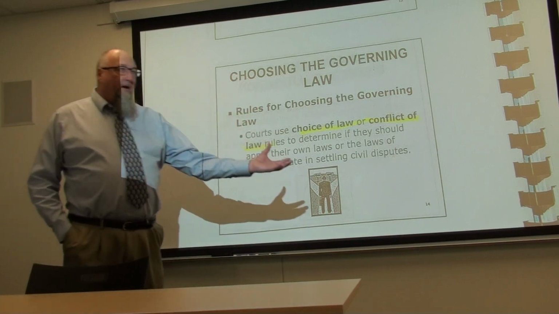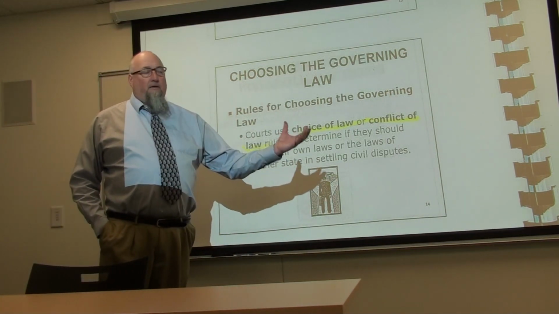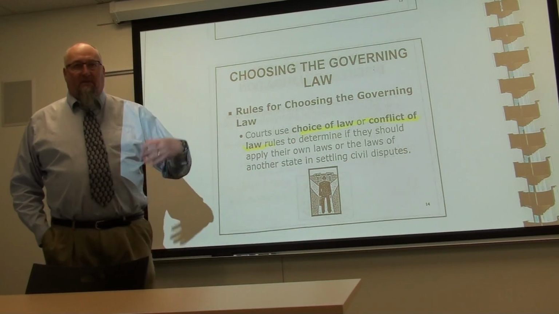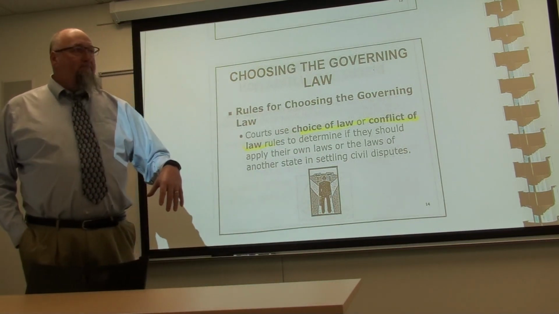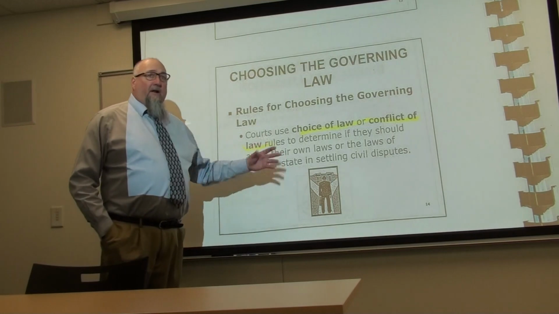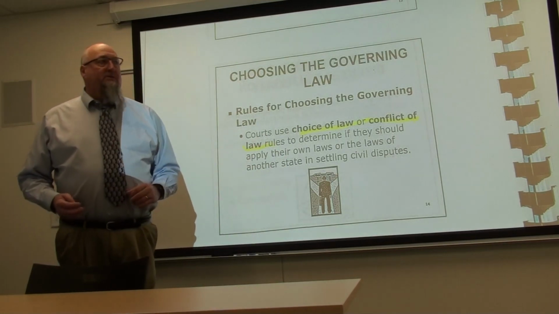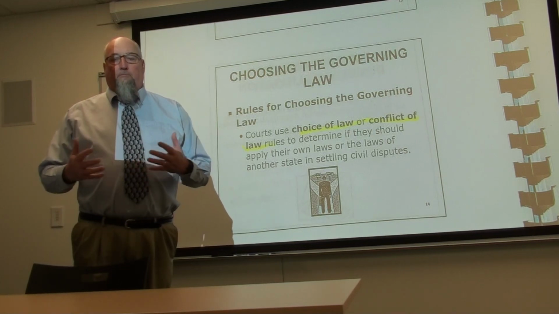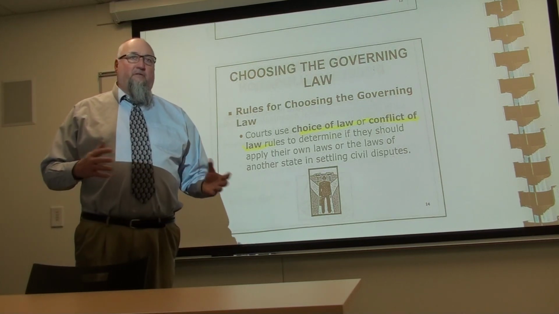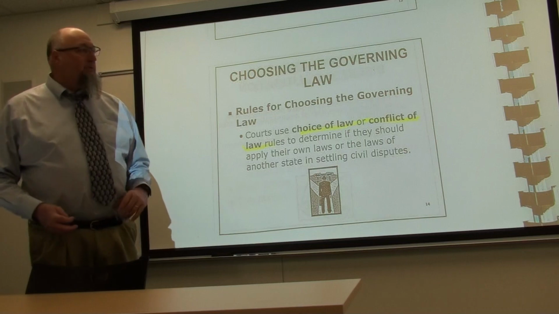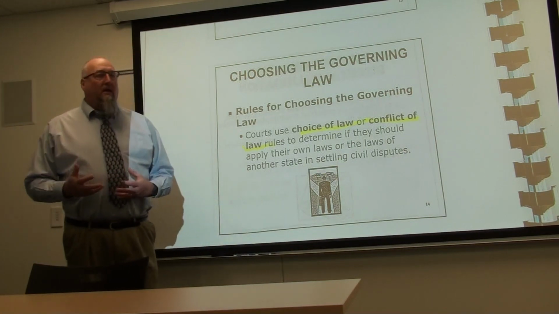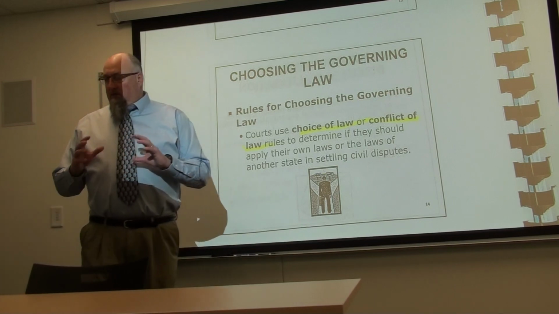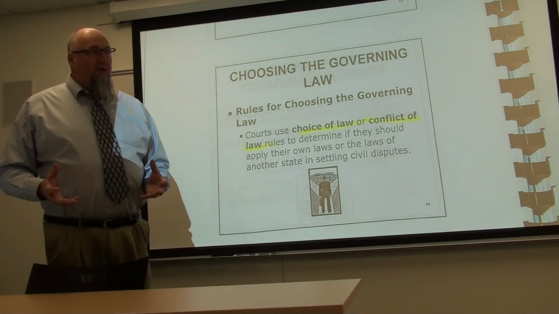Or it could be the other way around. They'll apply the law of French contract law, and in the event of a dispute, that law will be applied. Or if they cannot agree, there are United Nations conventions that basically are a blend of civil and common law principles.